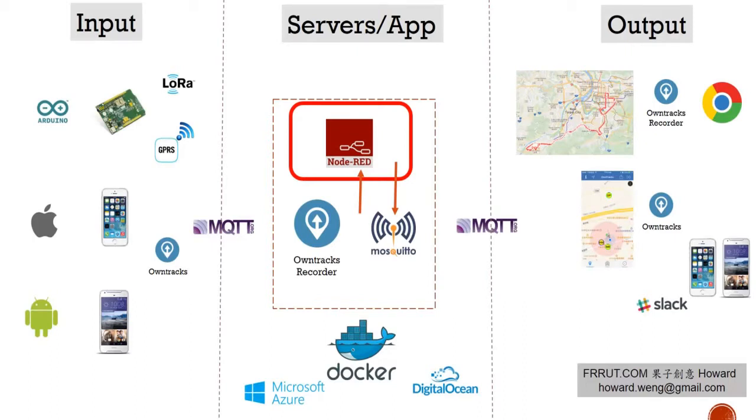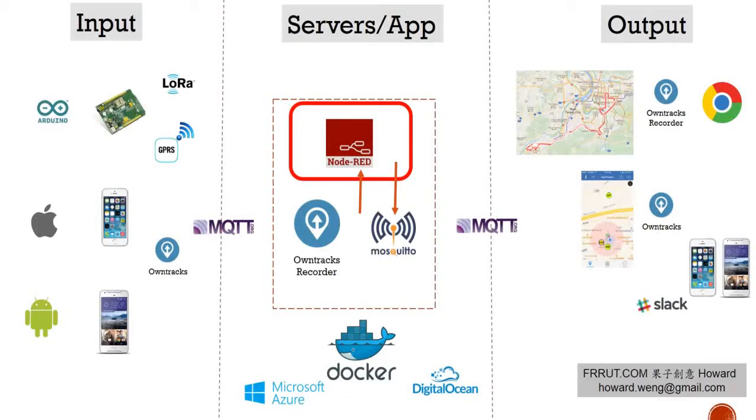And I especially like the drag and drop UI, which lowers the barrier of designing complicated IoT jobs for non-programmers like me. In our case, there are two main jobs to be done. One is to convert and bridge our MQTT messages.